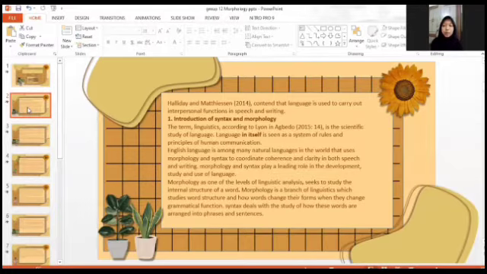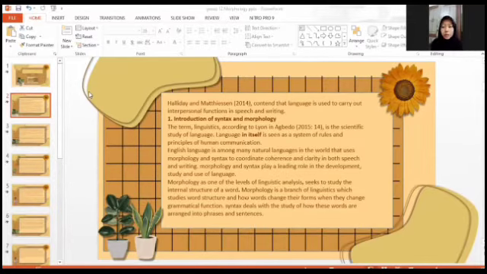The first is the introduction of syntax and morphology. The term linguistics, according to Lyons, is the scientific study of language. Language in itself is seen as a system of rules and principles of human communication.